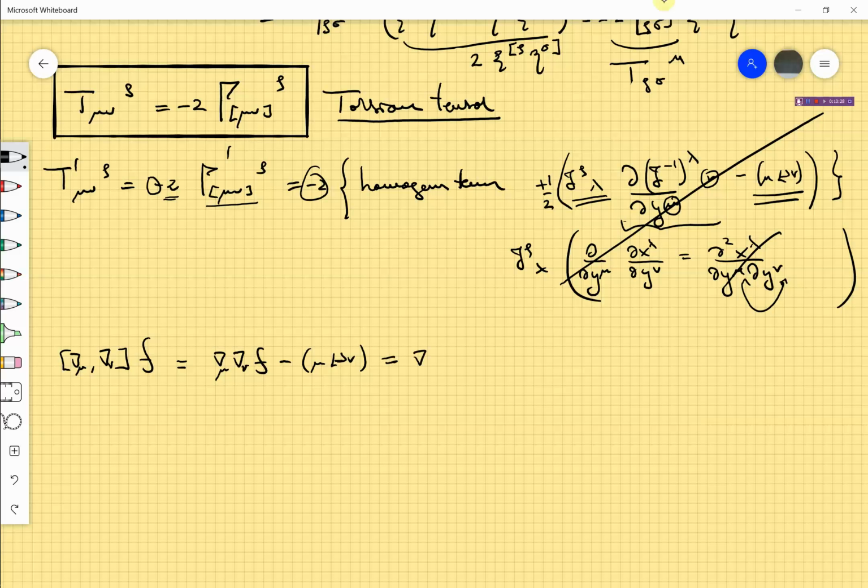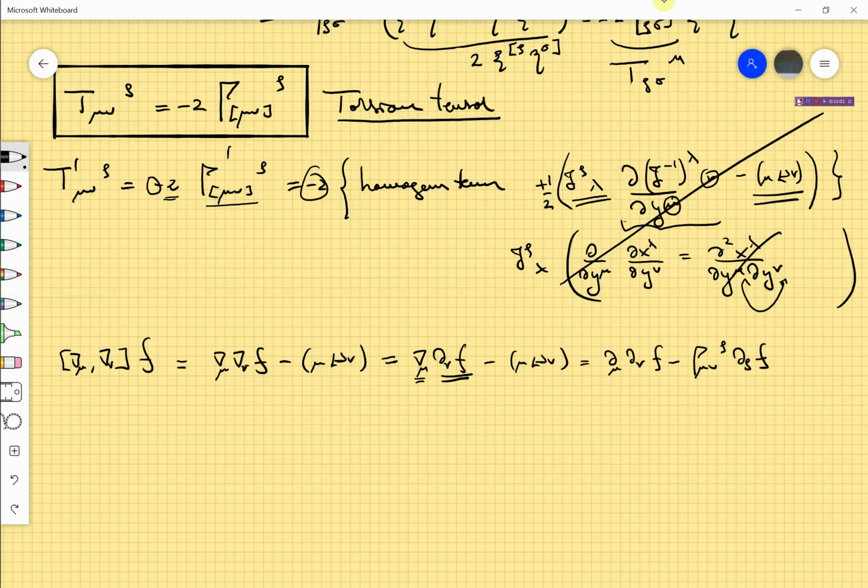So it's nabla mu acting on partial nu f, because the covariant derivative acting on a scalar is just a partial derivative. And in any case, this is a covariant vector, and if we apply the covariant derivative, there is the partial derivative, there is a minus term, gamma nu mu rho partial rho f.